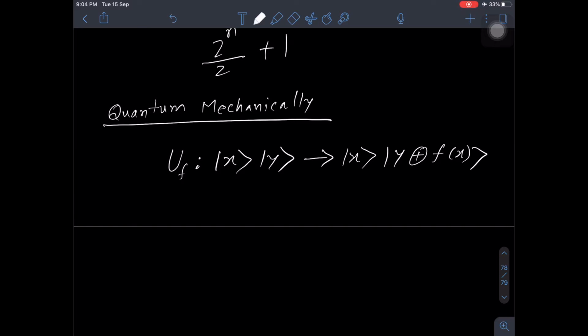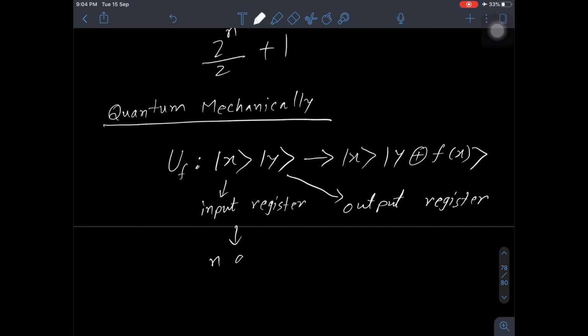All right, so this is the input register, okay, and this is the output register. Okay, and this consists of n qubits, and this consists of 1 qubit.